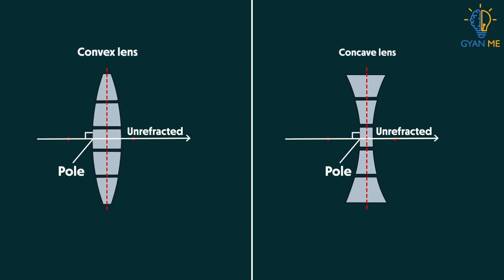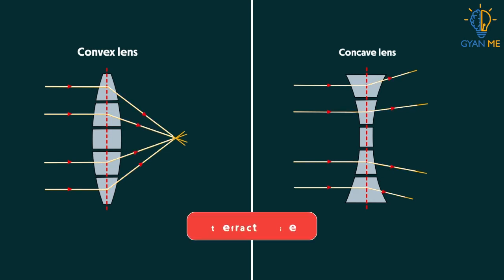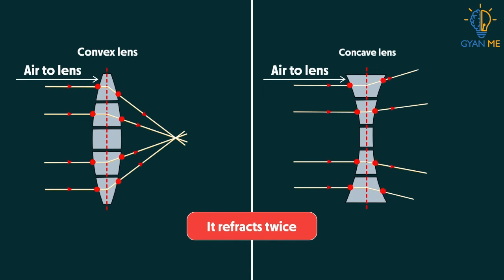This is because we know that when light is incident at 90 degrees to the glass slab, it does not bend or refract. Yes, one more thing. In both the cases, as I told you, as the light passes through the lens, it refracts twice, as you can see here. One when it passes through air to the center of the lens, and then again when it passes through the lens into the air.